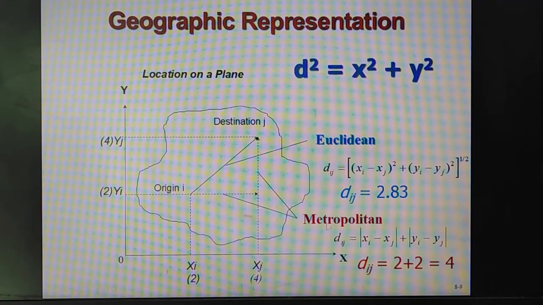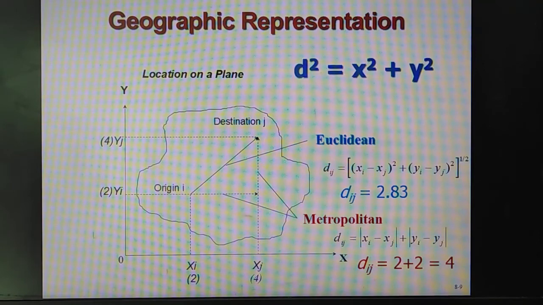But in the Manhattan perspective, you cannot travel straight from here to here, because on the actual location, there might be a lake here, or a big building here, or some other obstacle here, so that from going from origin I to destination J, you need to go from here to here, just like the situation on the road, in which you have to travel the parallel road and also the vertical road.